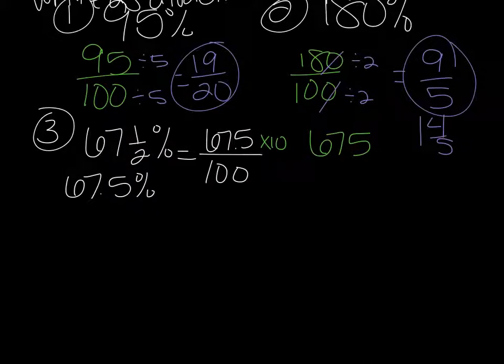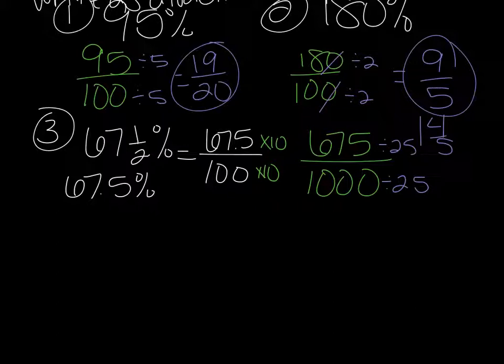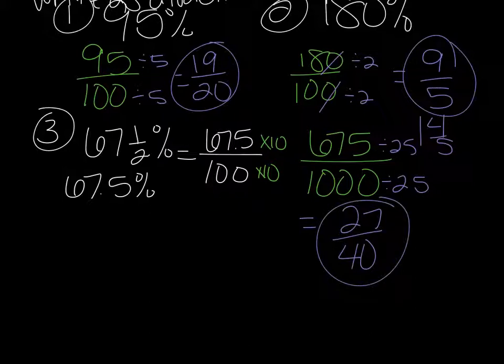So how would I compensate for that? Multiply the denominator by 10. So now I have 675 over 1,000, okay? And then we could go through and divide this out, and so for consideration of time, we can divide out of 25, and I get 27 over 40.